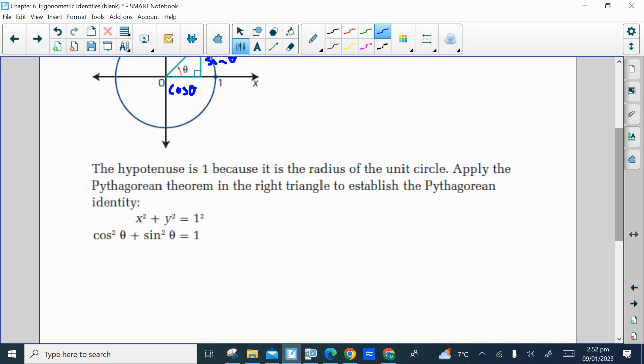It doesn't matter what order those two terms are written in, but this is known as the Pythagorean identity, and we just saw where it comes from. And it is true for all values of theta. Right? There are no denominators there anywhere, so there are no restrictions on theta in this case. And this is on the formula sheet as well. If you look on your formula sheet, you'll see this identity on there.